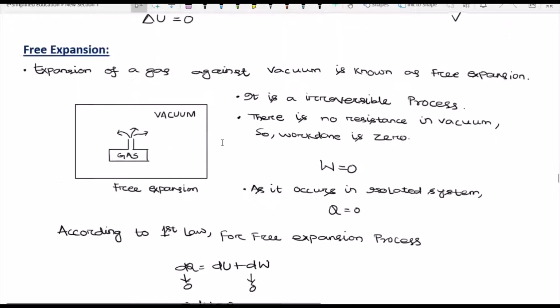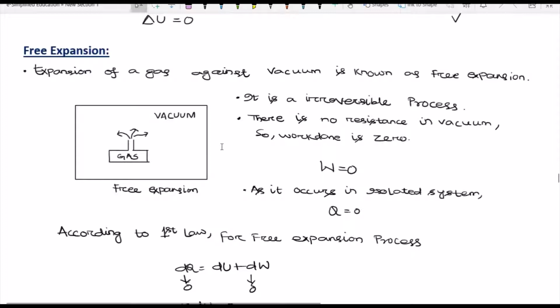Next, coming to free expansion. Free expansion is an important concept in thermodynamics for which work is not required. Expansion of a gas against vacuum is known as free expansion. That means if a system is present inside a vacuum and it is releasing the gas, and it is expanding in this vacuum chamber, it is named free expansion.